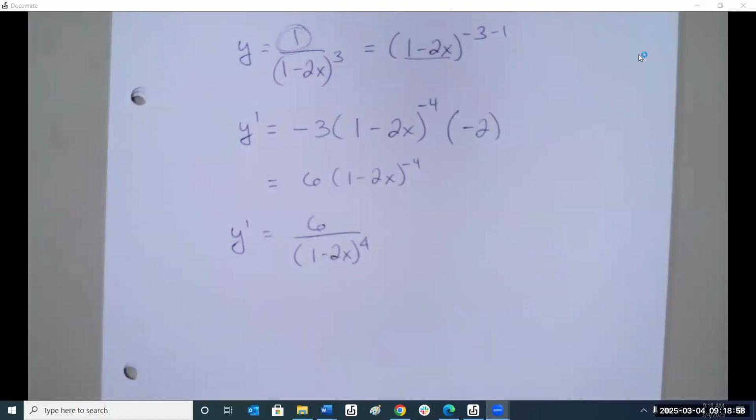Remember, it says show that the slope of every line tangent to the curve is positive. So how can we do that from here?